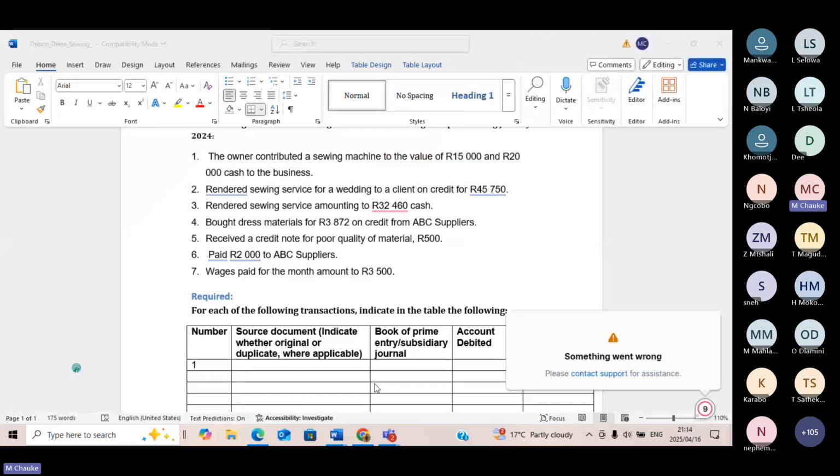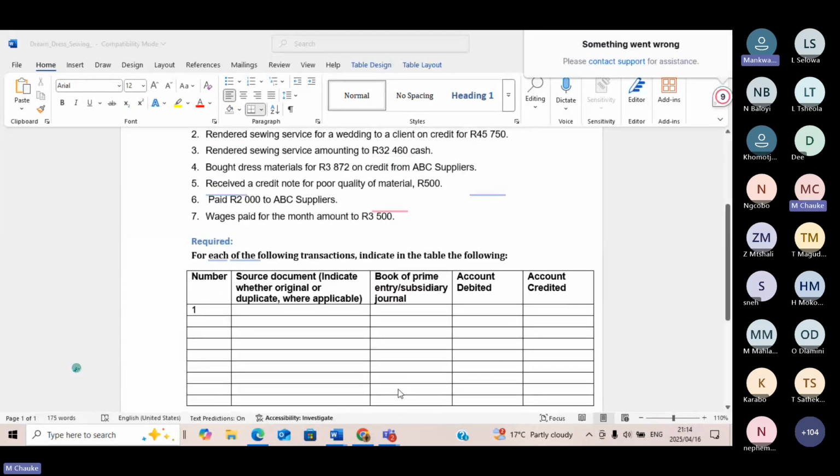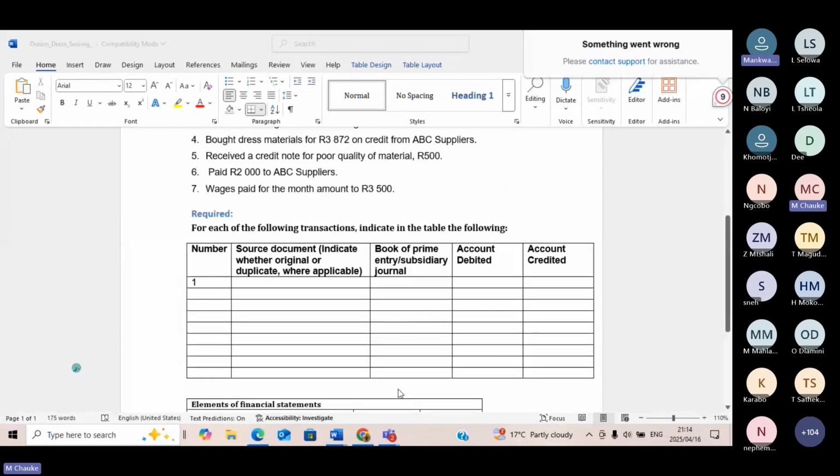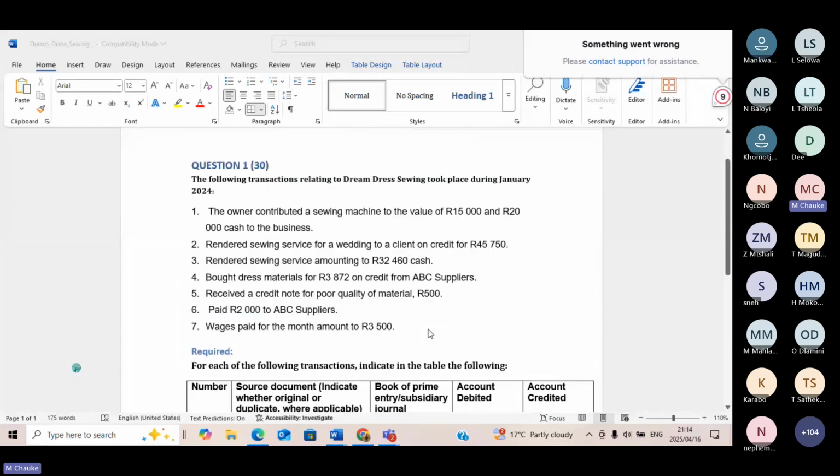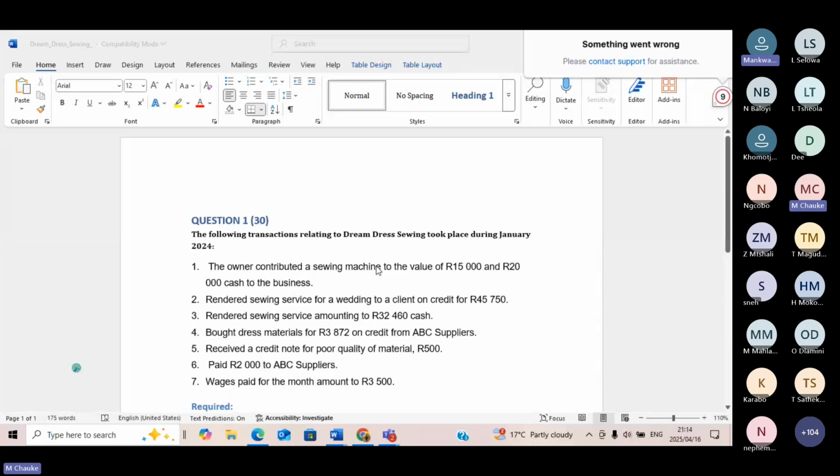I'm going to record it twice. I'm going to separate the transaction of the machine contributed from the cash one. So I'm going to record cash differently and machine differently.